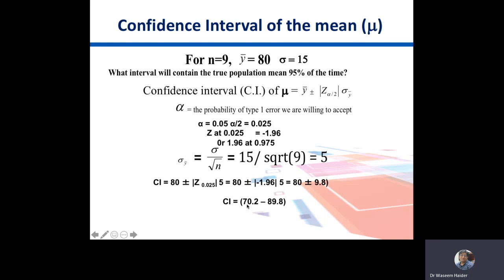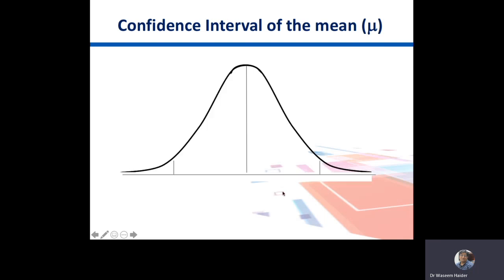So the lower confidence limit will be 70.2 and the upper is 89.8. So it looks like 80 in the middle, towards the left the lower limit, and towards the right the upper limit. Towards the left is 70.2 and towards the right is 89.8, while 80 is in the middle.